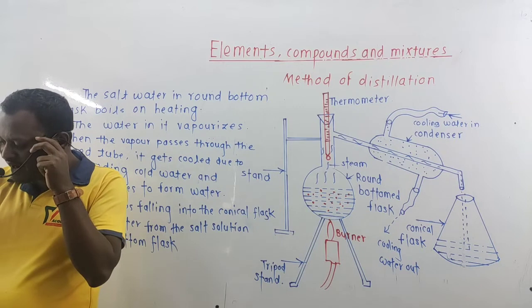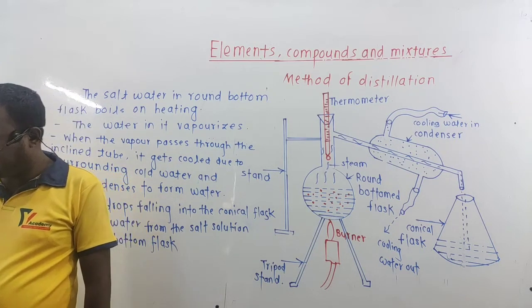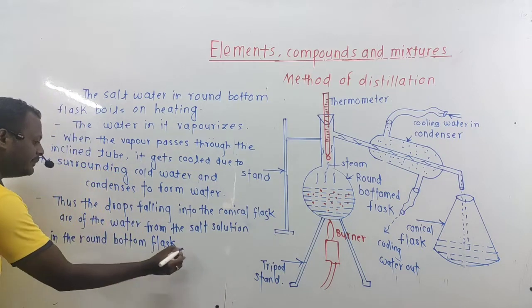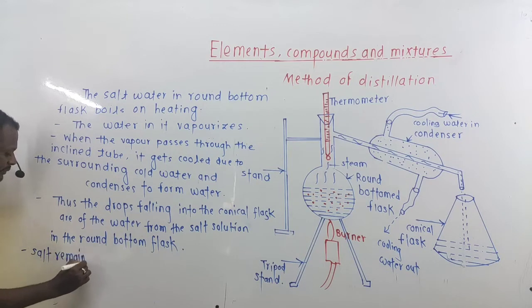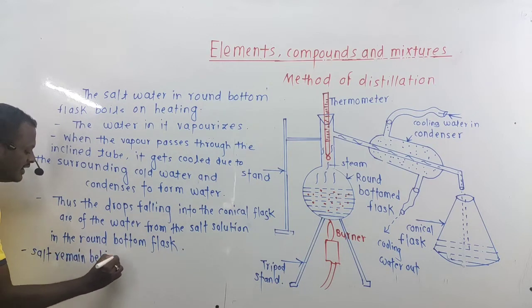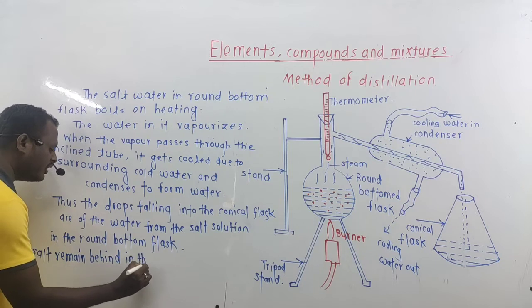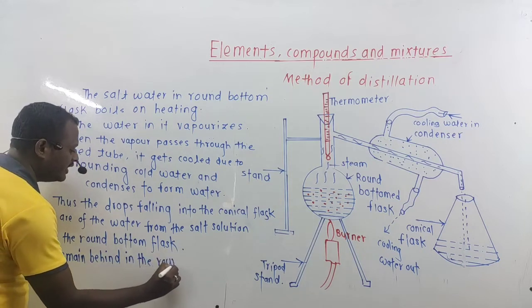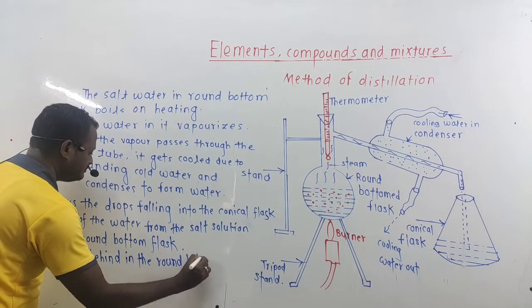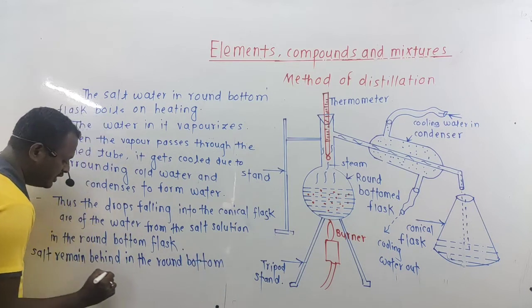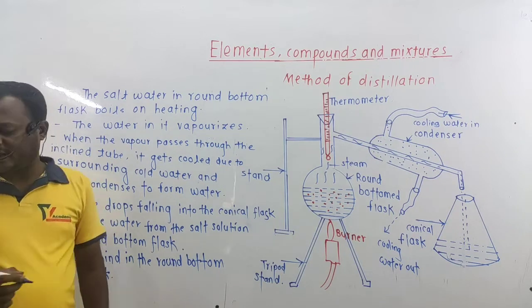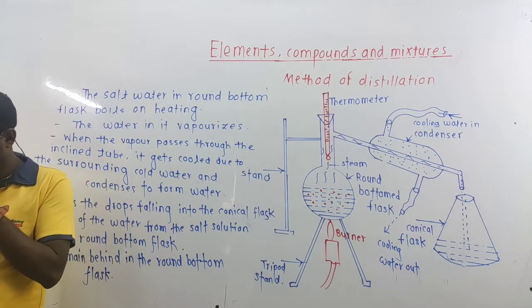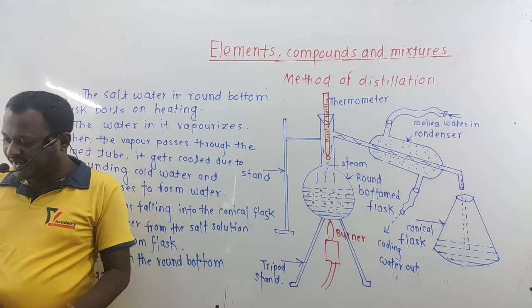Salt remains behind at the bottom of round bottom flask. तर साल्ट काय होतं त्याच ठिकाणी शिल्लक राहतं राउंड बॉटम फ्लास्क मध्ये.